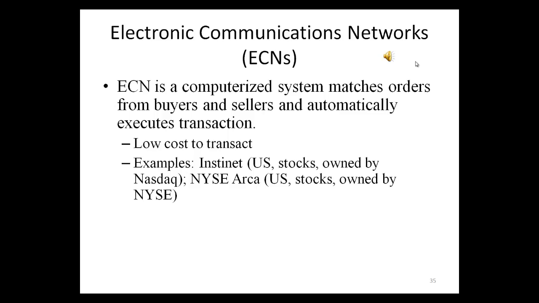So we have electronic communication networks, or ECNs. The ECN is a computerized system that matches orders from buyers and sellers and automatically executes transactions. So that effectively lowers the cost to transact.